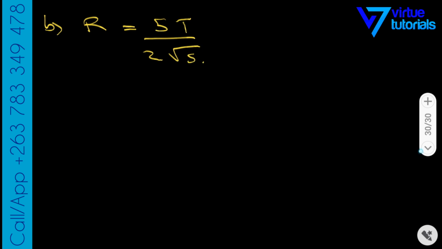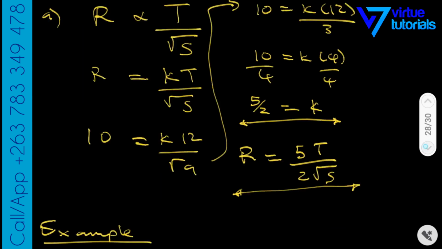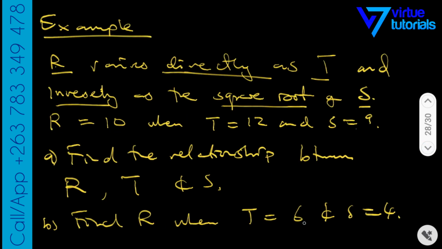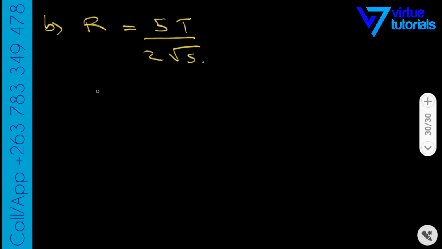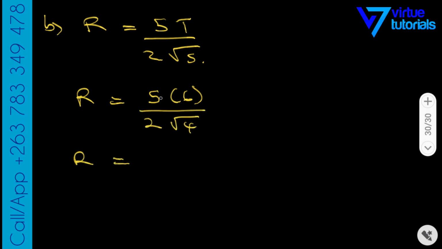Okay, so now we're asked to find the value of R when T is 6, S is 4. So T is 6 and S is 4. So R is equal to 5 times 6 over 2 times square root of 4. So R is equal to 5 times 6, 30. Square root of 4 is 2.